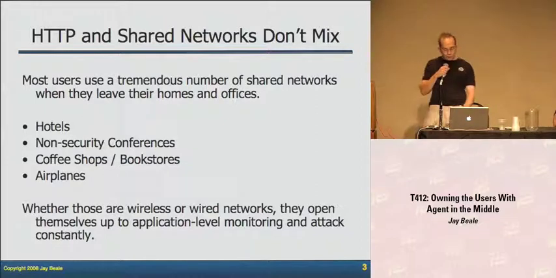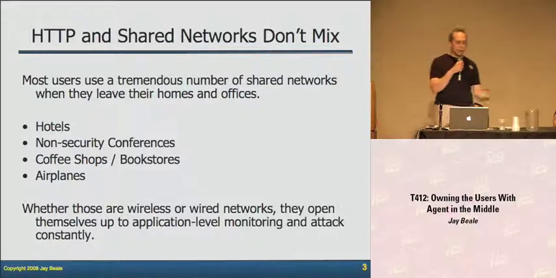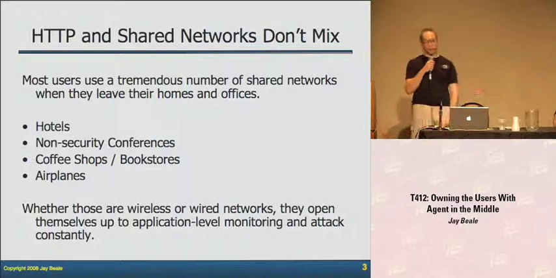And you open yourselves up to a heck of a lot of attack. You also open yourself up to a whole lot of monitoring. I don't know anybody who does this, or if I did know them, I wouldn't have known their name. But I've heard there are lots of people who will go on wireless networks, set up a sniffer of some sort and just start watching passwords go by.